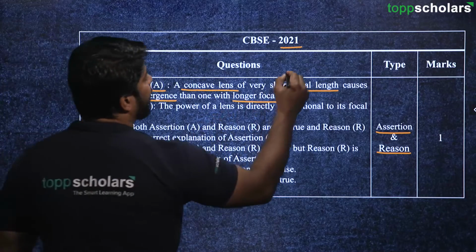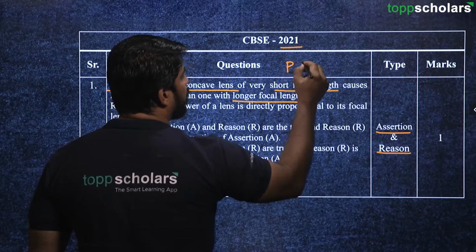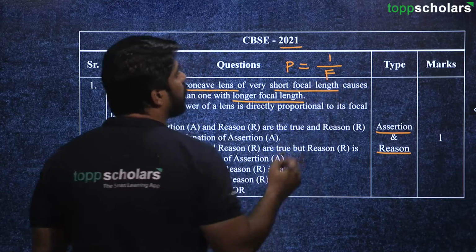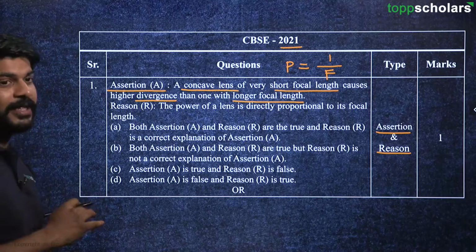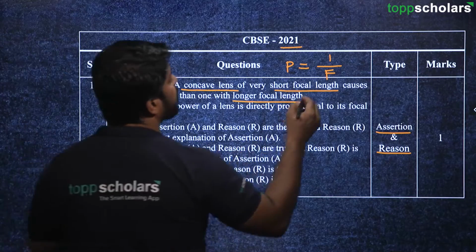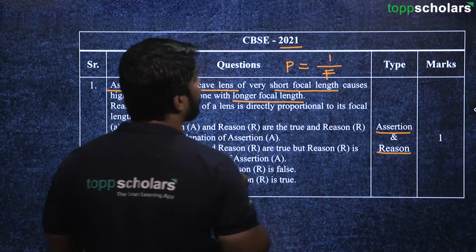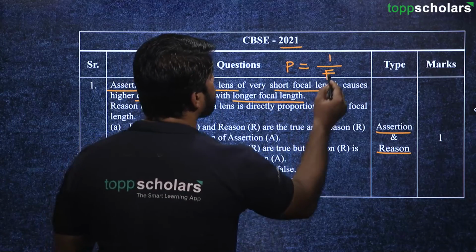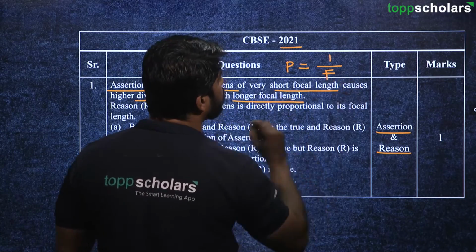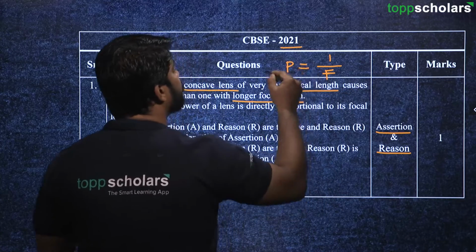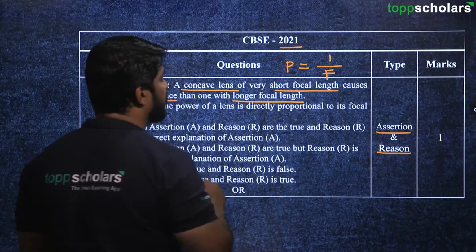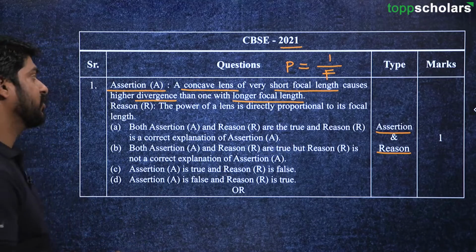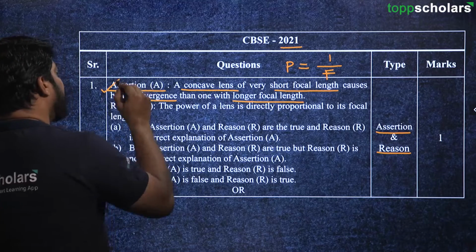As we know, the power of a lens is inversely proportional to the focal length. So since it is inversely proportional to the focal length, definitely more divergence will be created if this focal length is small. If this is small, that means the power is large, and if the power is large, that means divergence will be large. So this statement is definitely true.